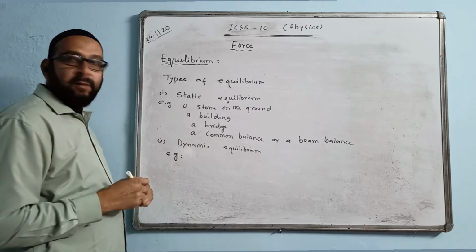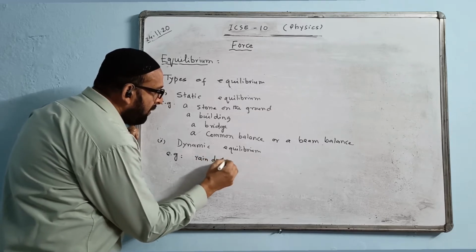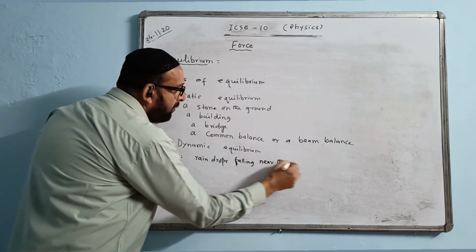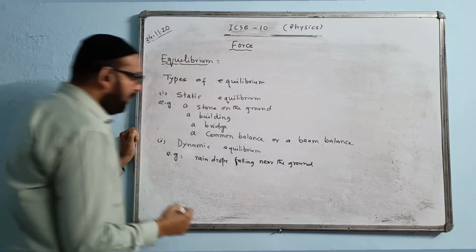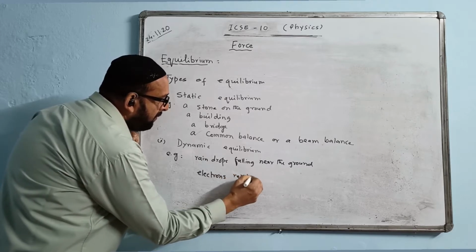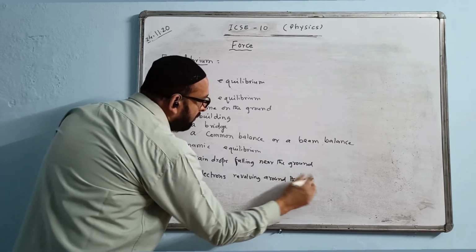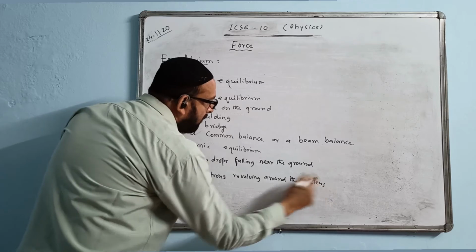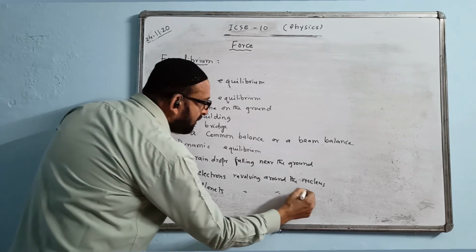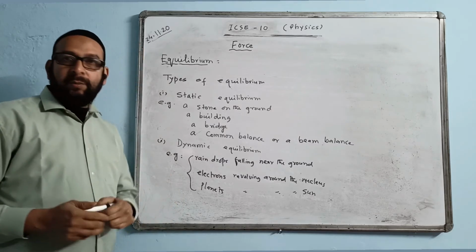We say raindrops falling near the ground, electrons revolving around the nucleus, planets revolving around the sun. These are the examples of dynamic equilibrium.